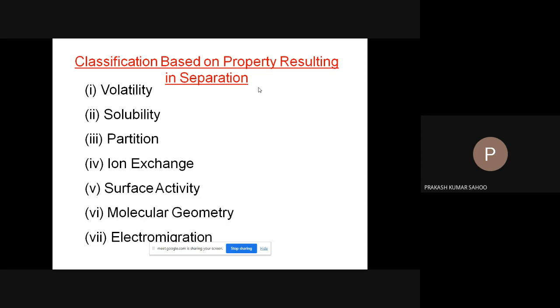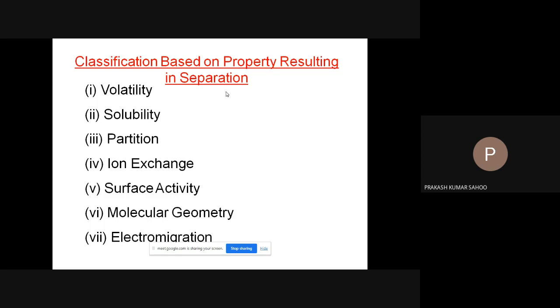Crystallization is a process where evaporation is followed by crystallization, where we determine the crystallization point by blowing on the glass rod. This is a general experiment in class 11 or 12. So precipitation can be brought about in a number of ways. This is your solubility part.